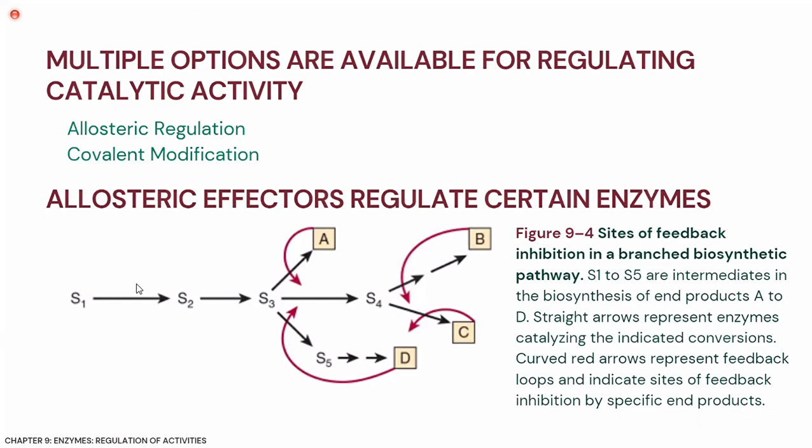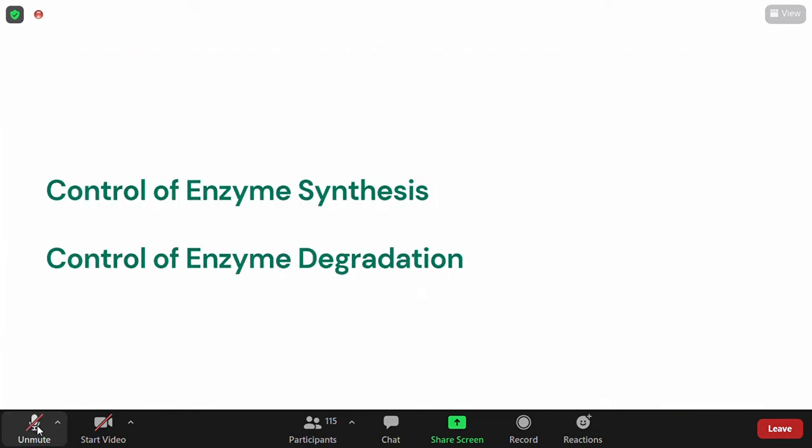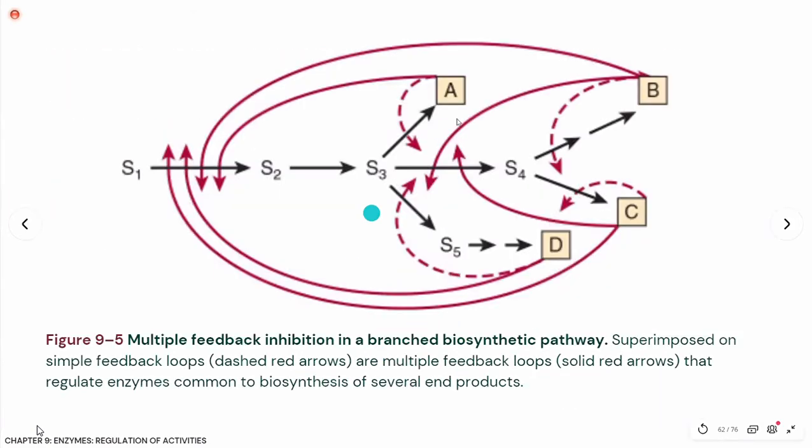Okay? Now, what if A, B, C, D increase in amount? Where is the inhibition? You can see this now. A, B, C, D: a concerted, cooperative effort to control this one.